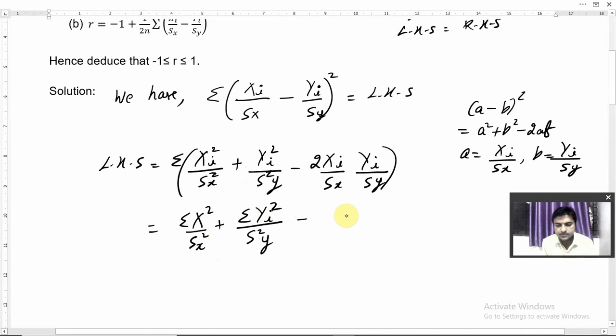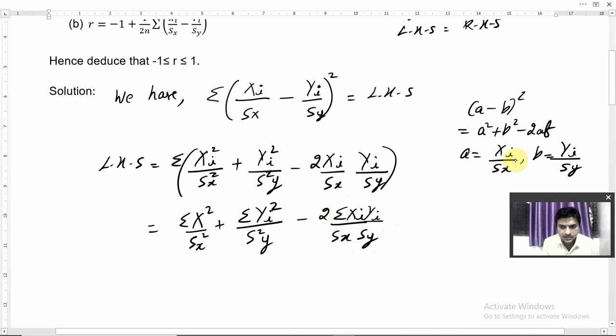If you don't understand, please students rewind the video and go through it again and again, you will understand everything. This is minus 2 times summation xi yi divided by sx sy.